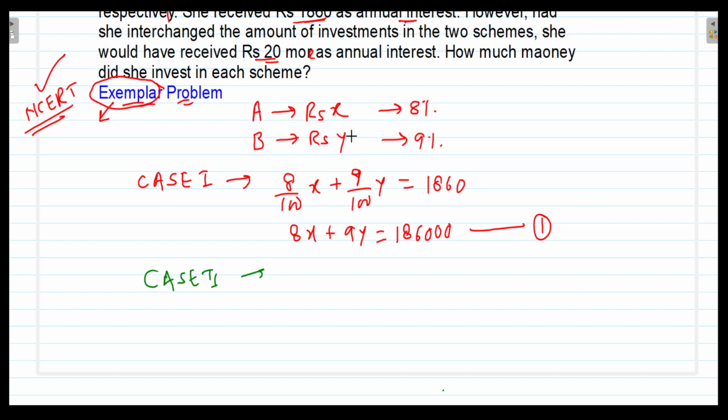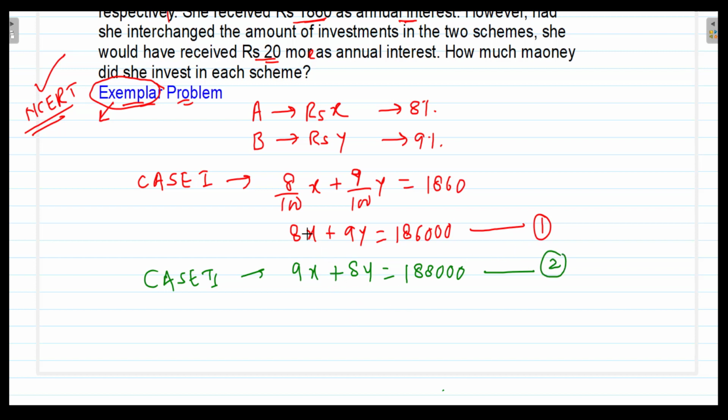Since the investment is interchanged, she will get 8% on rupees Y and 9% on rupees X, and you get the new equation as 9x upon 100 plus 8y upon 100 is equal to 20 rupees more, that means 1880, with the 2 zeros of the 100 which is in the denominator. Let this be equation number 2.